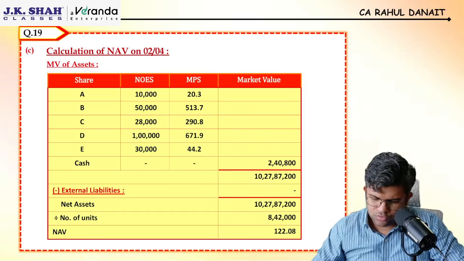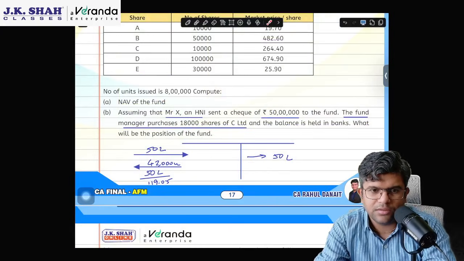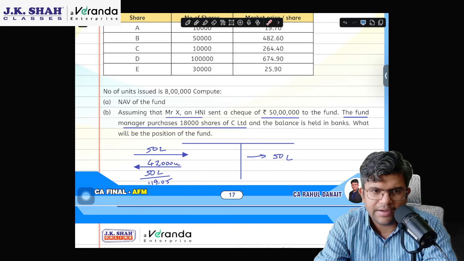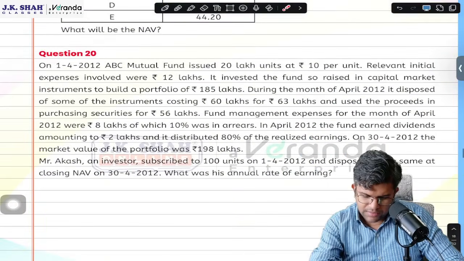Chalo. So students, with that we finish the discussion of this question and we go to one last question, that is question 20.